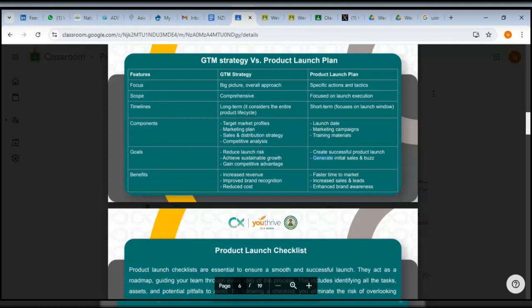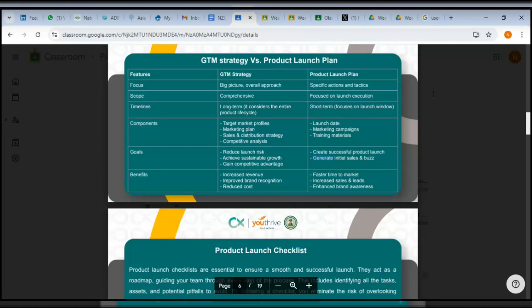But the goal is that the transition from being a potential customer to becoming an actual user depends on how well you prepared for your launching, like how good your launch plan was and how you prepared your product for launching, right?